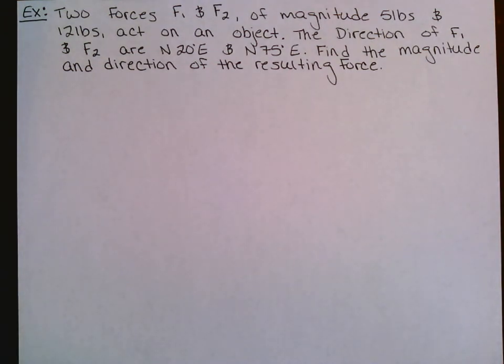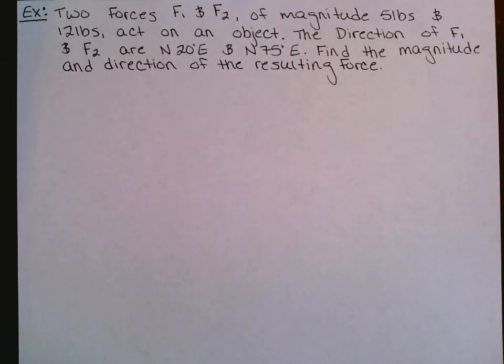So in this question, I'm going to give you two vectors that are happening at the same time, and then we're going to find out what the resulting force looks like, what its magnitude and what its direction looks like. So if we read this question, it says two forces, F1 and F2, of magnitude 5 pounds and 12 pounds act on one object.